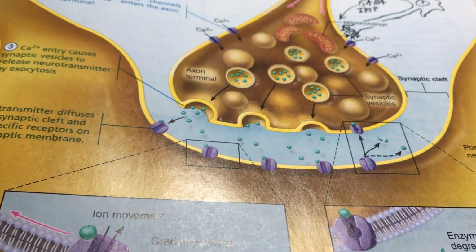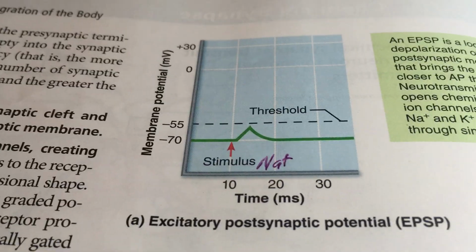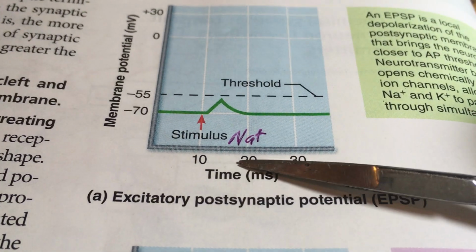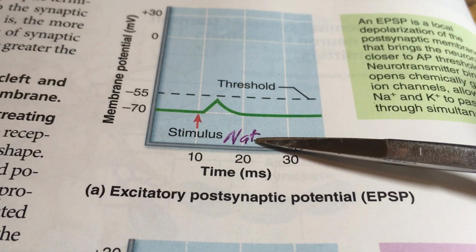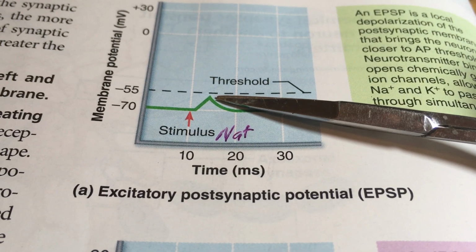Now I'm going to be more concerned with what the potential is. So in this case, if I have actually opened a channel with sodium, then I'm going to get a little depolarization.